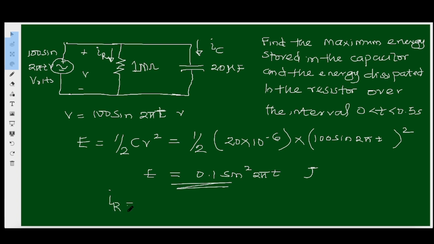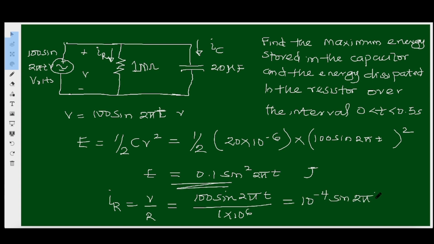So therefore, IR is V over R, right, by Ohm's law, and V is 100 sine 2 pi t over 1 times 10 raised to the power 6. Right, so this will give me 10 raised to the power minus 4 sine 2 pi t amperes.